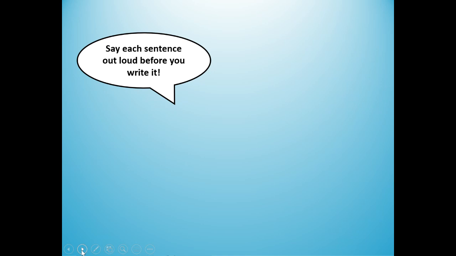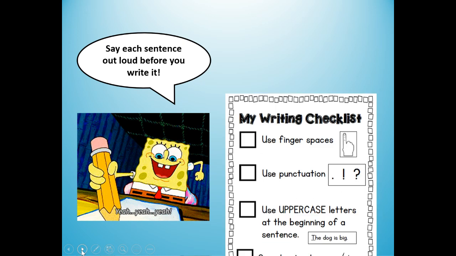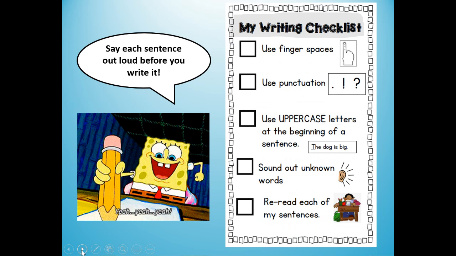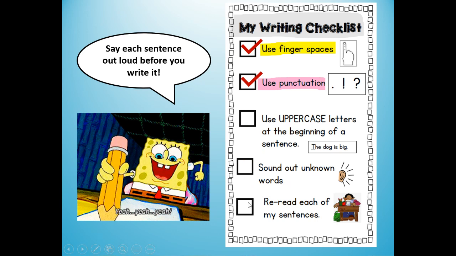So, just a reminder, say each sentence out loud before you write it. And here's my writing checklist. As you write, make sure you use finger spaces between each of your words. Make sure you use punctuation, like putting a period at the end of each of your three sentences when you're done writing your sentence, and a comma where a comma might be needed.